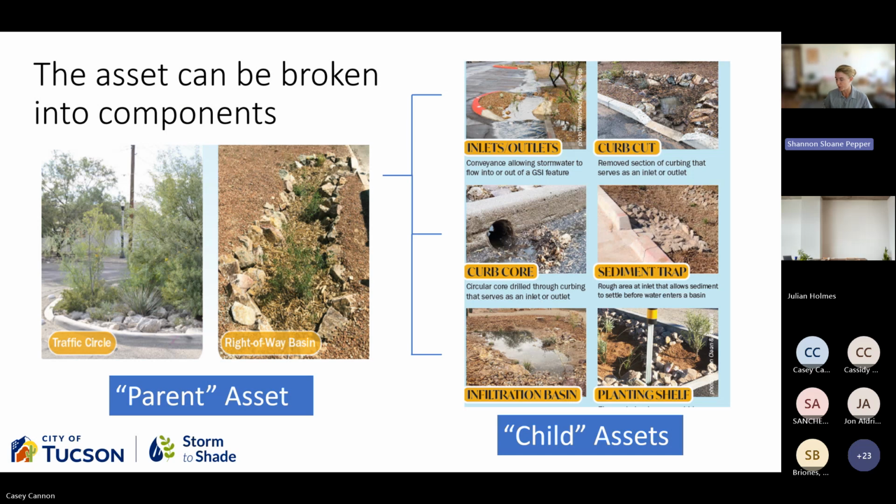Each of those parent assets might be broken down into smaller components like the inlets and outlets where the water comes in and leaves. It might look like a cut in the curb, or one of those curb cores if you've ever seen those. The sediment trap is the rock and riprap installed at the curb cut entrance to prevent erosion. Usually that's where the water is entering at the highest velocity, so you're more concerned about erosion if you have bare dirt there, and so on and so forth.